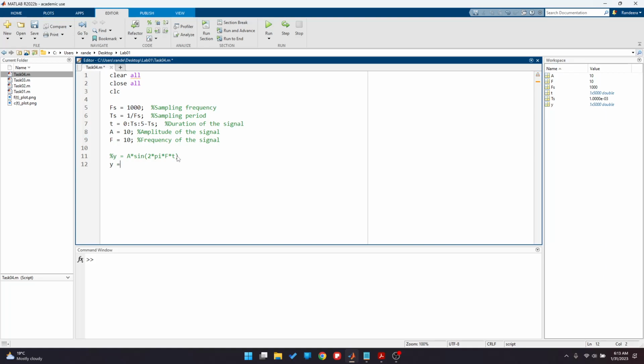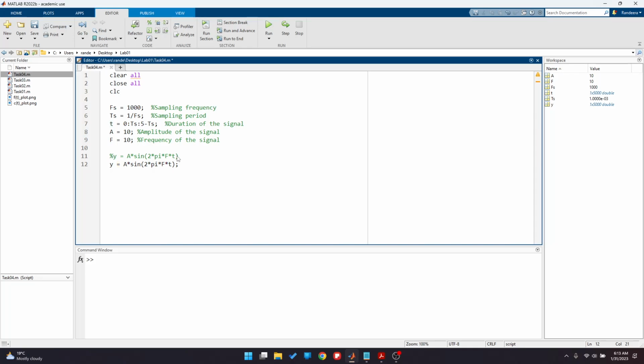Now I will say my dependent variable y equals a for amplitude times sin, inside brackets 2 times pi times f for frequency times t, which I have defined earlier.